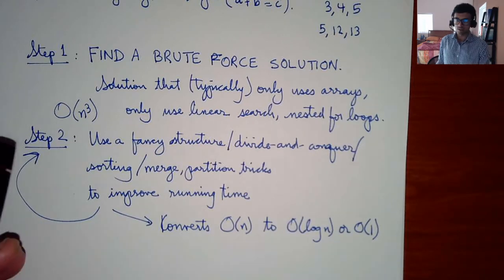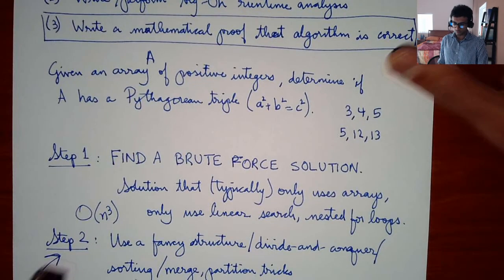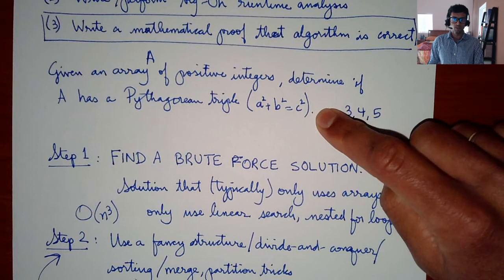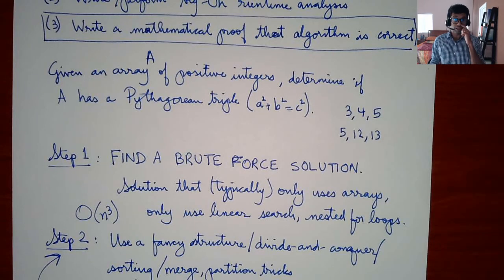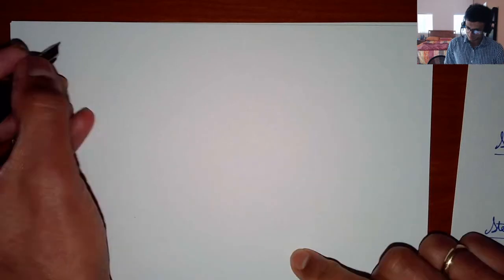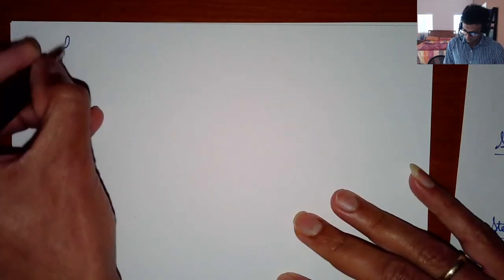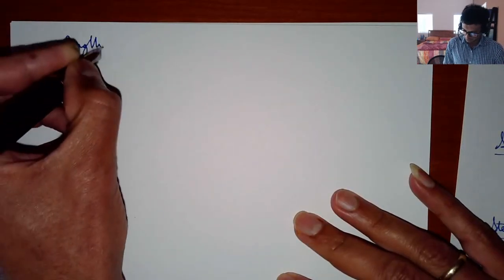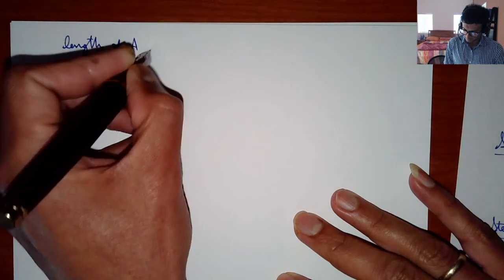Okay, so I'm going to start with the brute force solution for this problem, which if you think about it is really, really easy. So let's write that down. I'm just going to write it out as pseudocode. So I'll just say that the length of A is n.